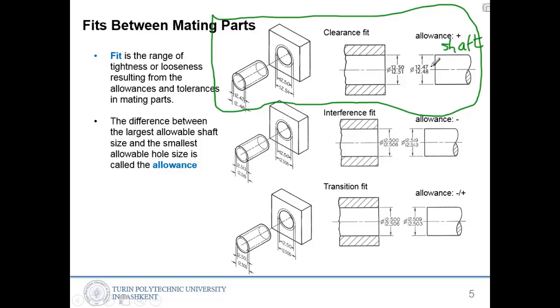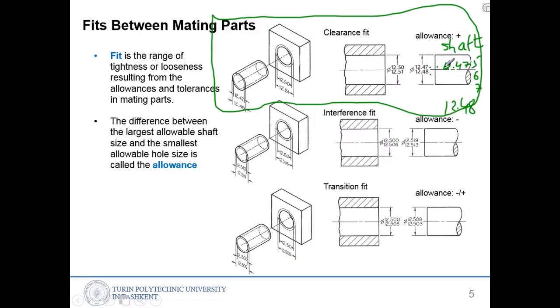Every time the shaft has a smaller size: the smallest possible is 12.47, and the biggest one is 12.48, and in between it can be 12.475, 12.476, 12.477, and finally 12.48.